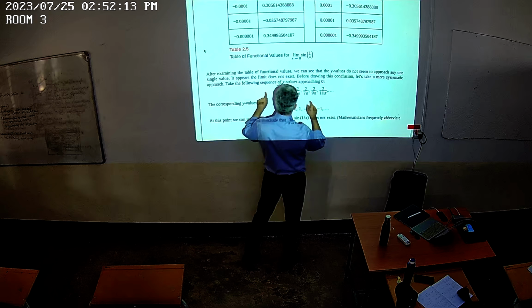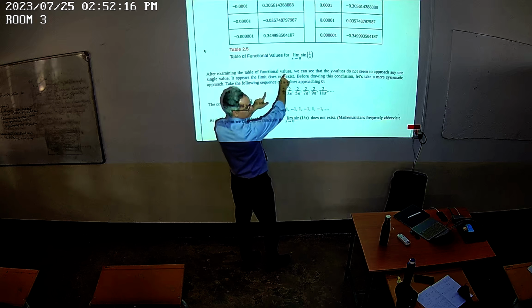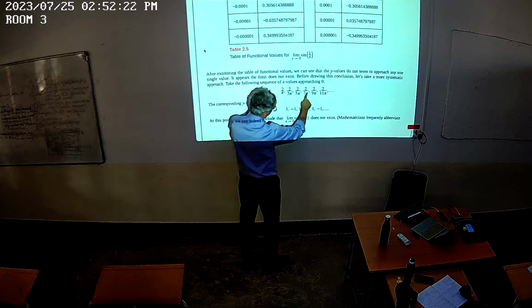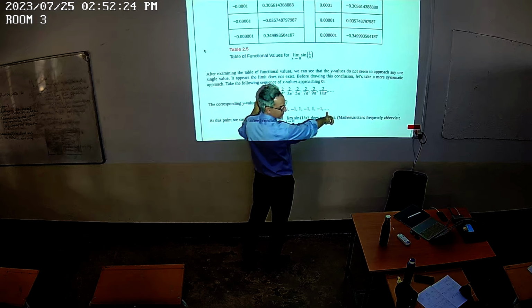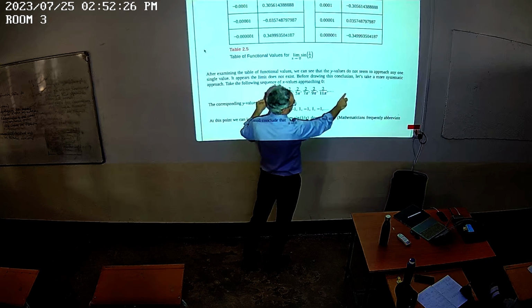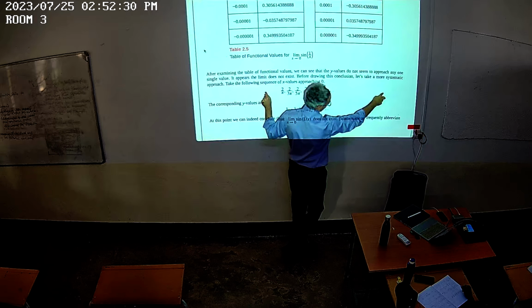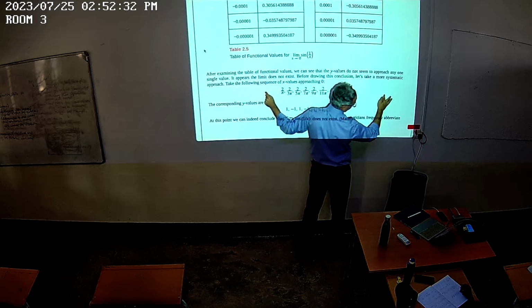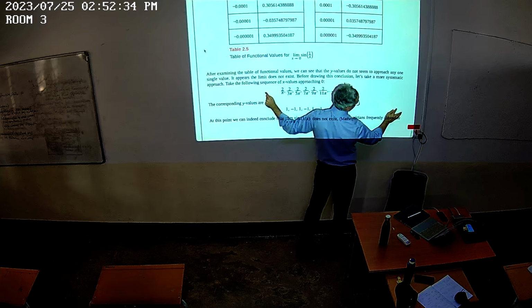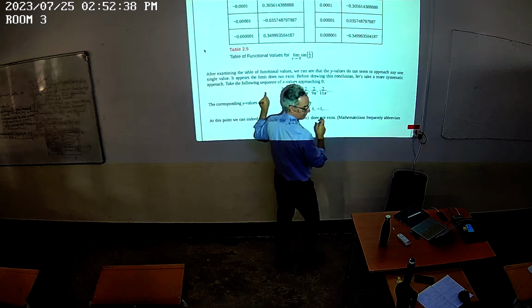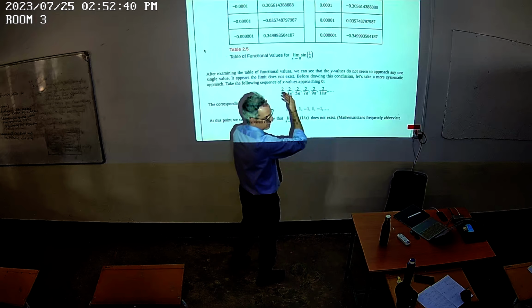In between, it gets to the value 1 at pi divided by 2, and it's minus 1 at 3 pi divided by 2, and so on. It's periodic. It repeats itself.